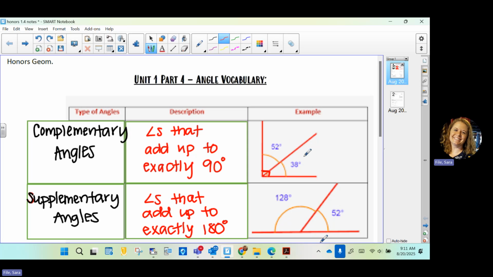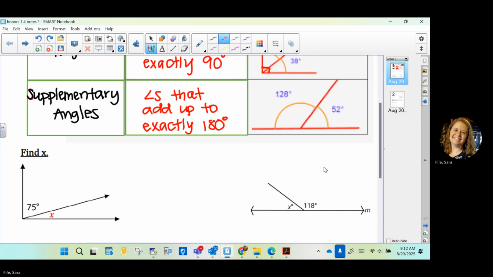If they were not labeled and all they had was one arc each, that would be marking congruent. But the arc here is just showing this angle is what I'm labeling 52 degrees. This angle is what I'm labeling 38 degrees. Does that make sense? If there is no label of the actual degree measure, then yes, arcs or tick marks on an arc can mark congruence.